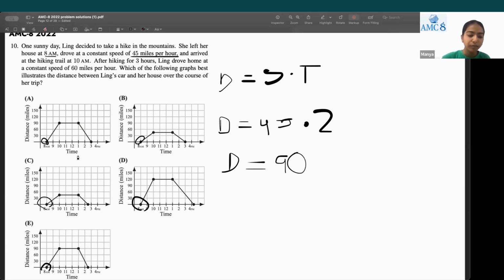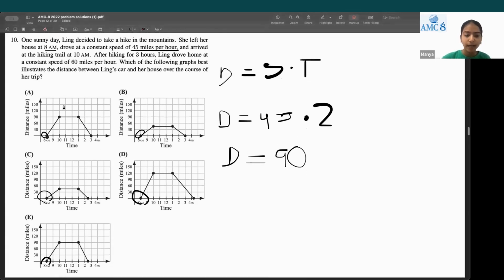So all of these should be showing 90, and they should be showing 10 a.m. So they show 10 a.m., the point right here, and they show 90 miles too. So this one shows 90. This one does not. It actually shows 45, and 45 is just the speed. We know it's distance because they say distance right here. So B is not the answer choice.